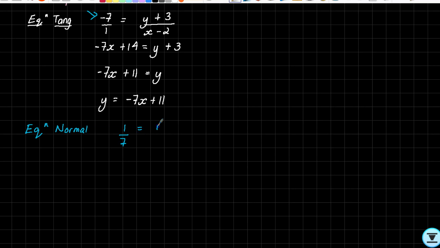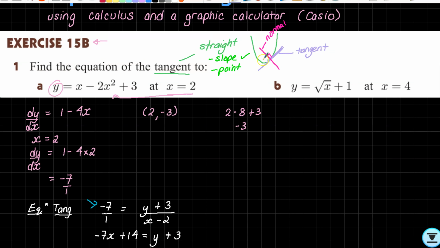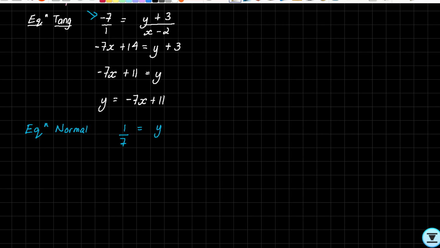And then we do the same thing. So y, it's because it's the same point. This point here that the tangent passes through, the normal passes through as well. So we now do the same thing. So y plus 3 all over x take 2. So cross multiply, 1 times x, x take 2, equals 7y plus 21.